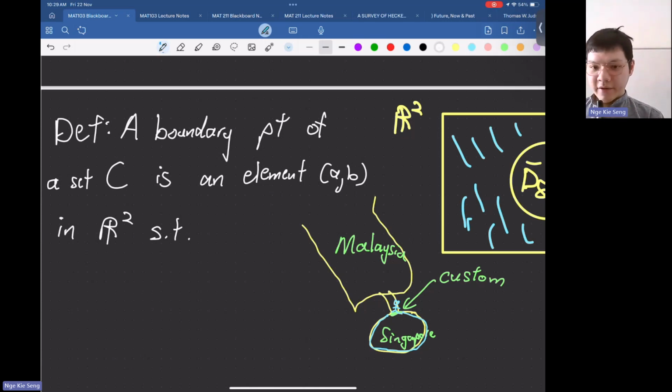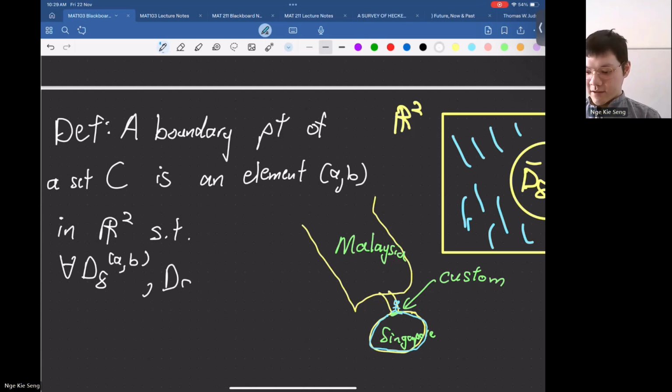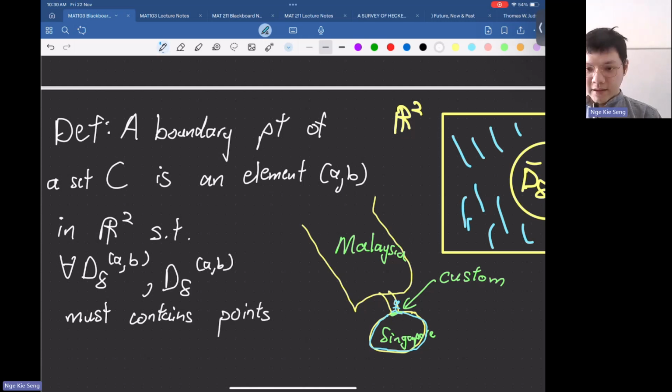Such that for every open disk you form around this AB, the disk of AB must contain points in C and points not in C.